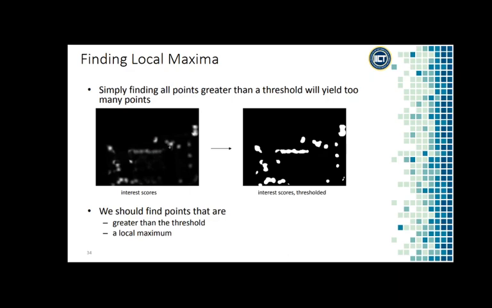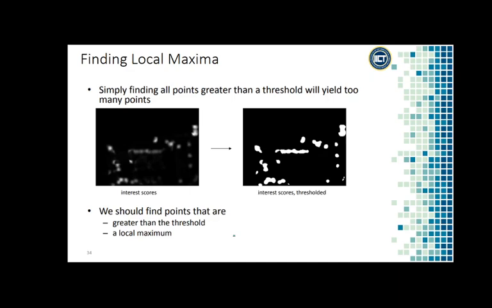Remember we found the map. Simply finding all the points greater than the threshold will leave too many points like this. See, we get this binary map when we threshold. So what we should do is find the points which are greater than the threshold and which have a local maximum.